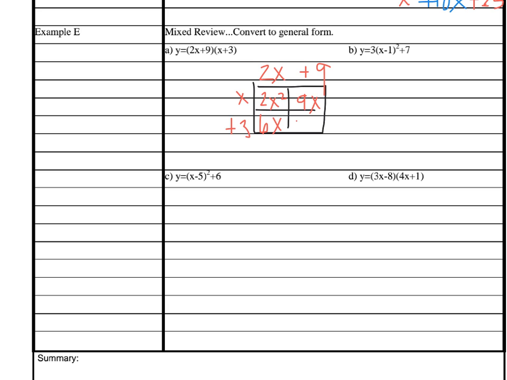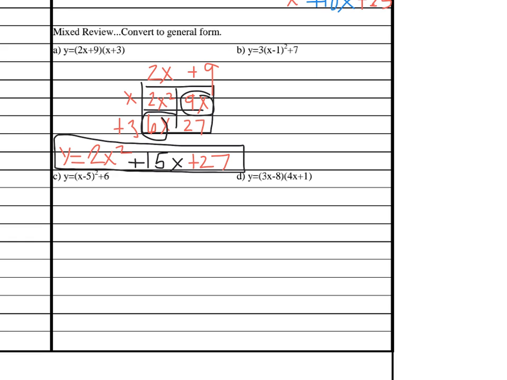And 9 times 3 is 27. Alright, so y equals 2x squared. And then 6x and 9x is 15x. And plus 27. Looking at this, I can see that we have no like terms to combine, and we don't have anything to distribute after rewriting our equation, so that one is done.